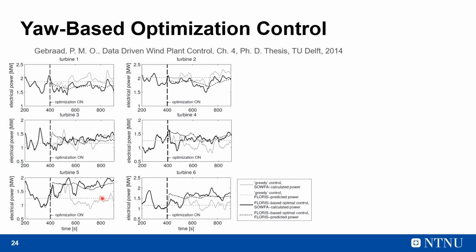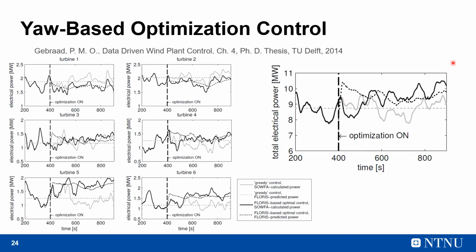This is because there is no wake interaction, and the velocity deficit has also reduced because of the optimized yaw settings. So for the whole plant, we see that though the power production from the first row of turbines decreased using the optimized yaw settings, the power production of the total plant has gone up when the optimized yaw settings were used.